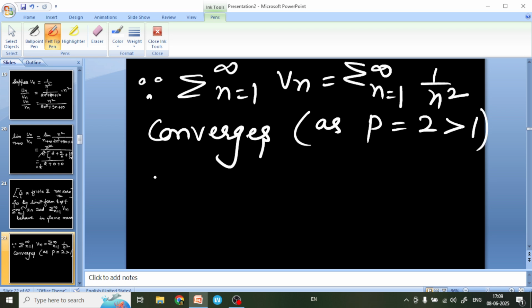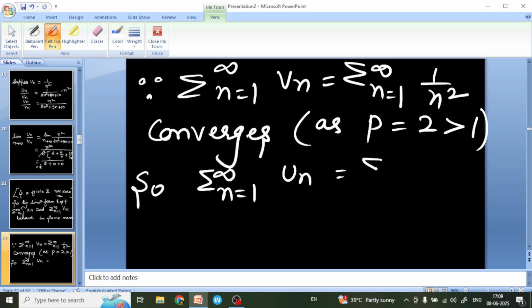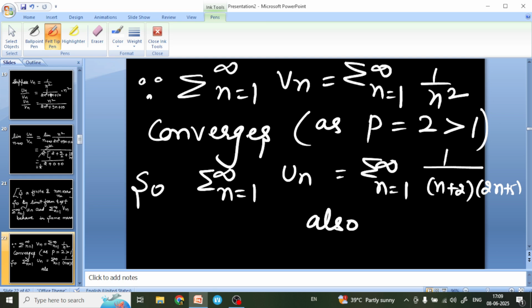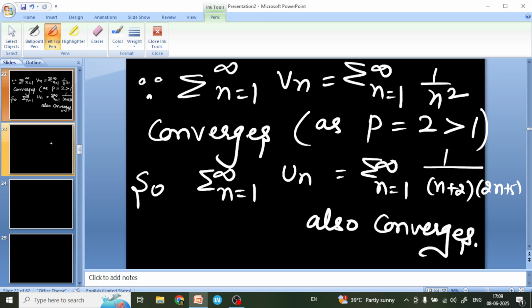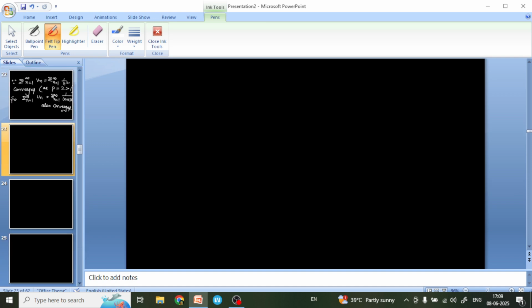So we can say sigma infinite n equal to 1 un, that is sigma 1 over n plus 2 into 2n plus 5, also converges. Thus we can implement the limit form test.